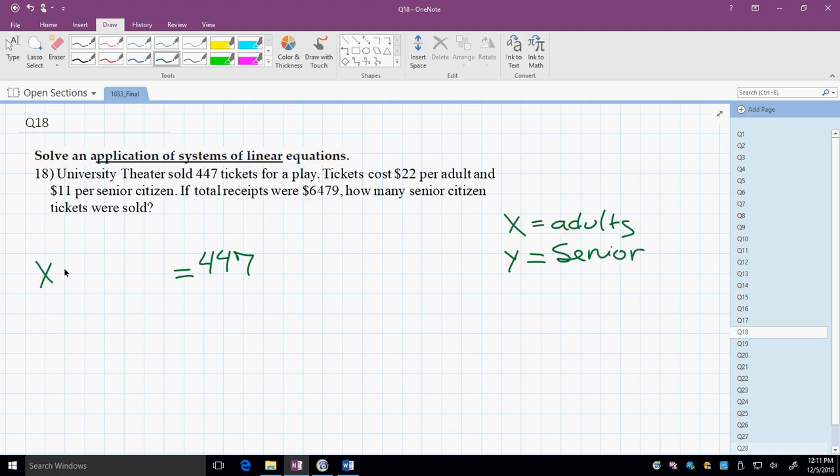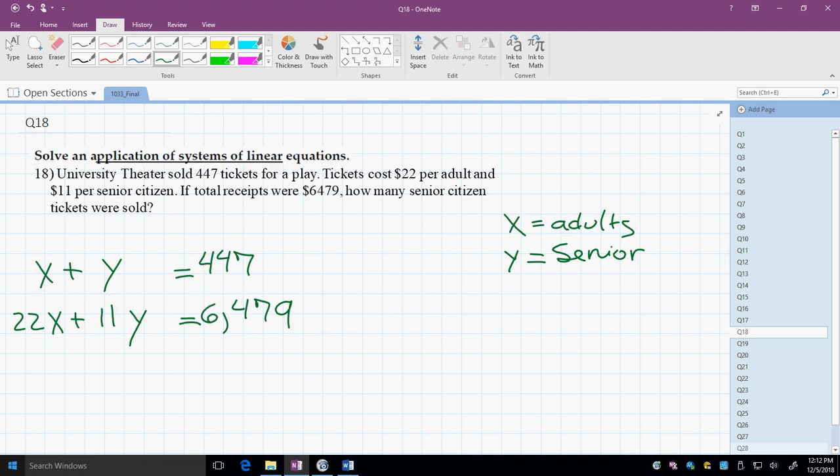So adults plus seniors is equal to a total of 447. In money, they sold a total of 6,479, and each ticket is 22 per adult and 11 per senior.